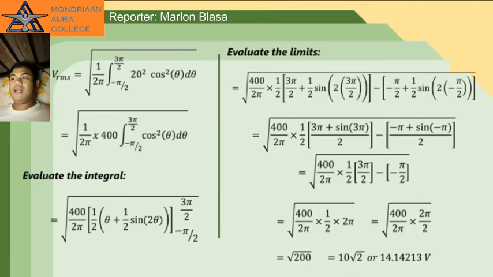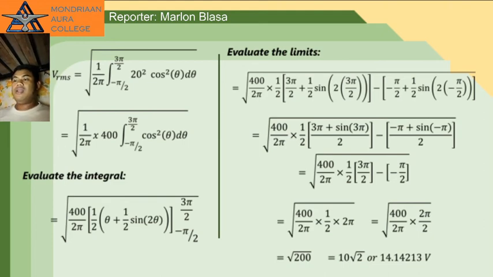So, meron tayong equation na square root of 400 over 2 pi times 1/2 times 3 pi over 2 minus negative pi over 2. Okay, so dahil sa negative times negative, magiging positive yan. So, i-add natin itong dalawa, 3 pi over 2 plus pi over 2. So, magiging 2 pi po yan.